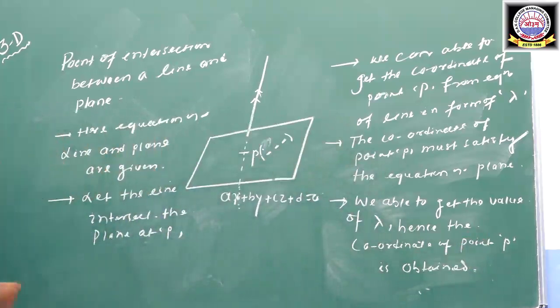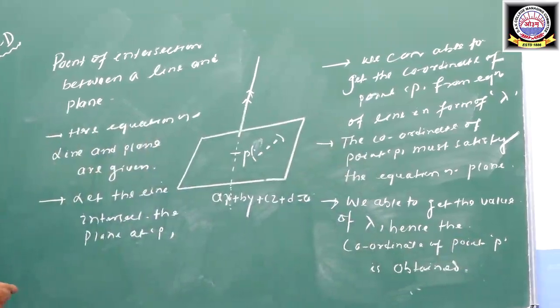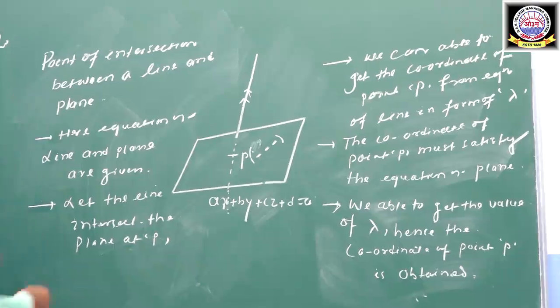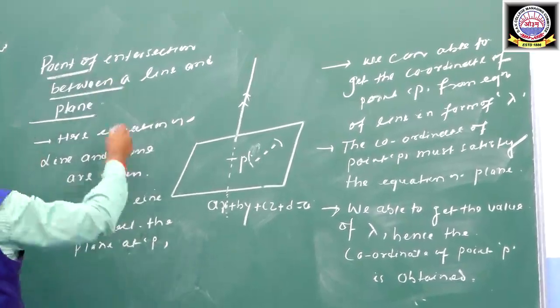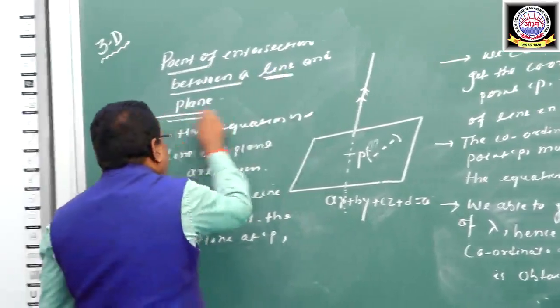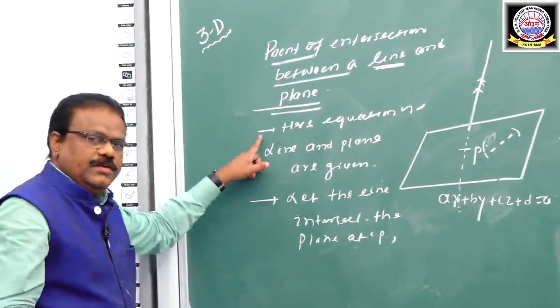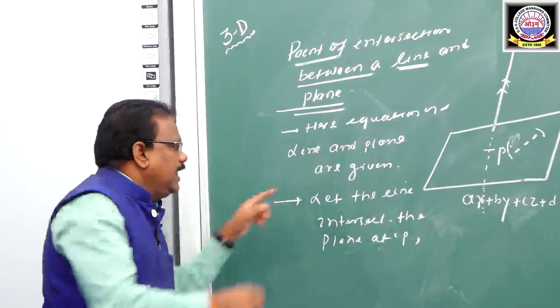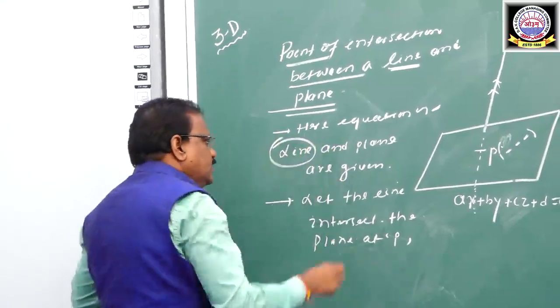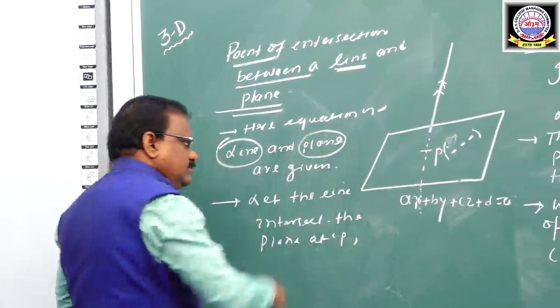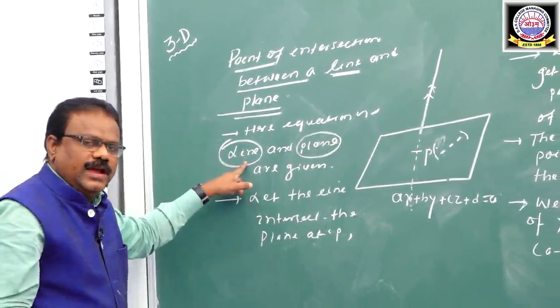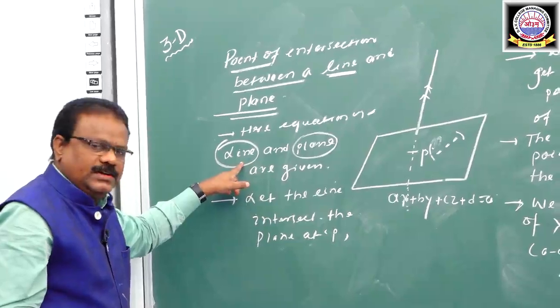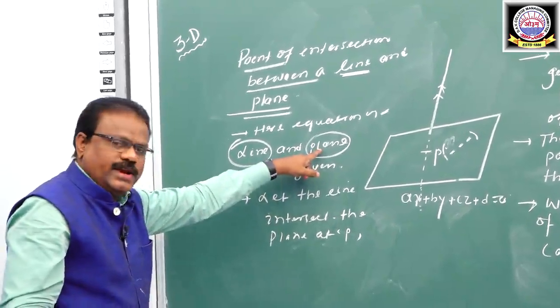So my dear students, once again please see the point of intersection between the line and the plane. What should be given to us? The equation of the line is given and the equation of the plane is given. If we bring the line equation to the Cartesian form, it is better, and the plane also in Cartesian form.